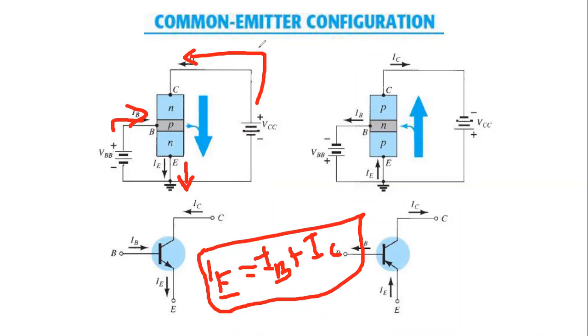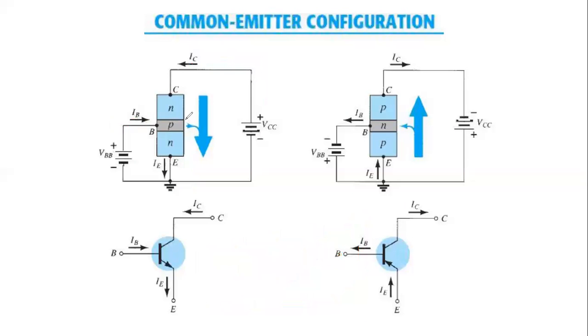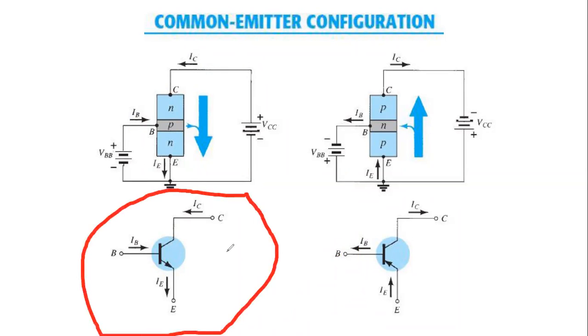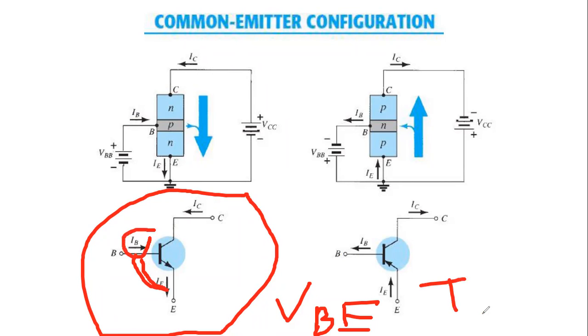So from here you see that this is the internal structure, and this is the symbol. From here we can say that the input voltage is VBE, because the input is across the base and emitter, and the input current is IB.